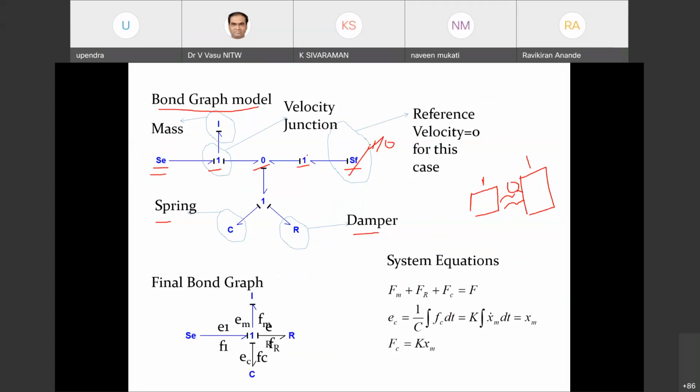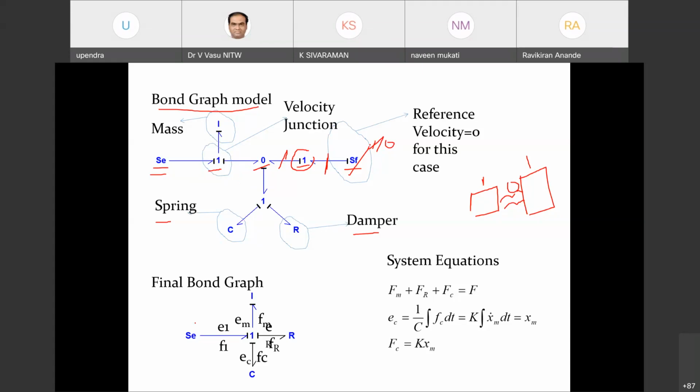If you consider this to be 0, whatever this was will be transferred to this. There is no need for this one. Automatically this force component is not there, and here also nothing is there, so you can directly connect these two things to here.